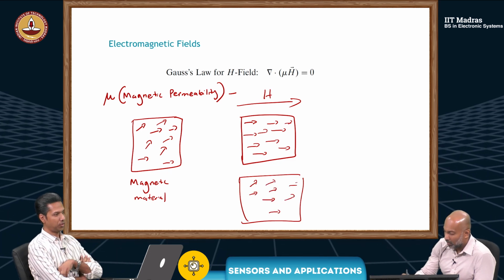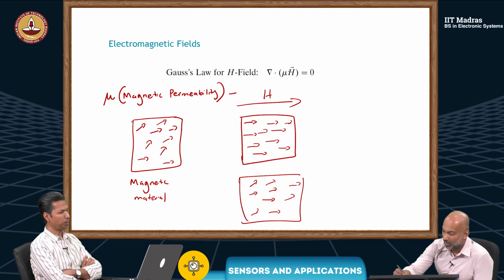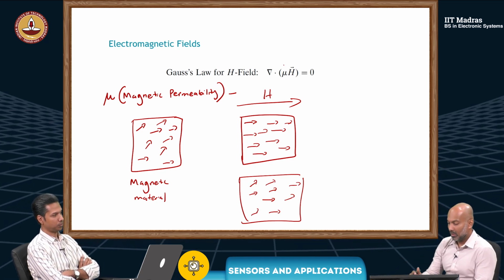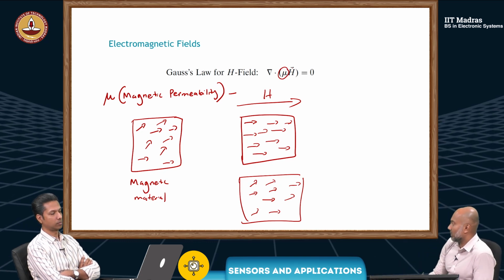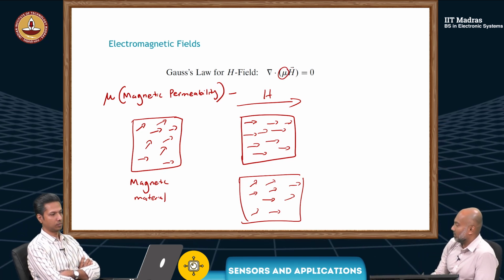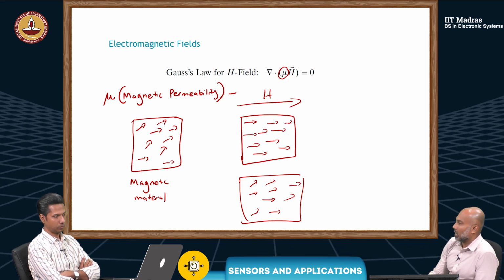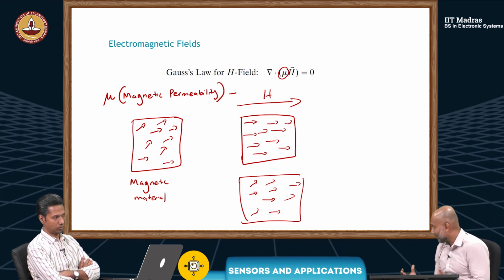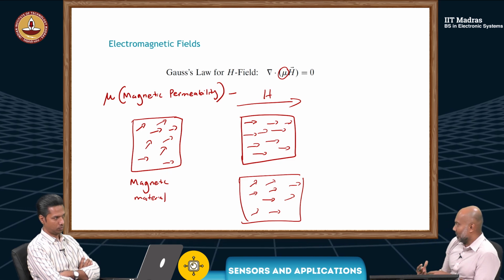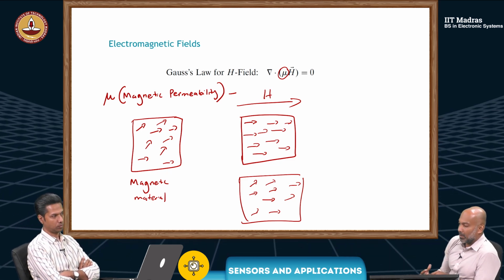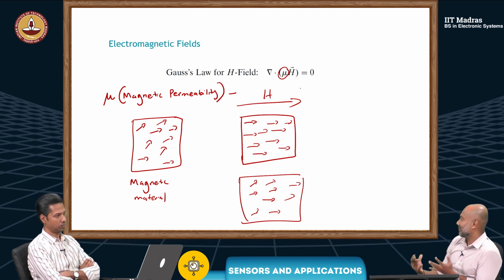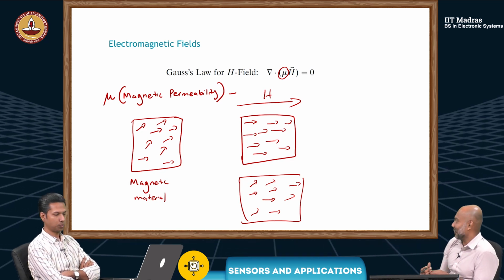That feature is captured in this magnetic permeability, mu. The higher the mu is generally, the more responsive it will be to a magnetic field. But the divergence of that is still zero.